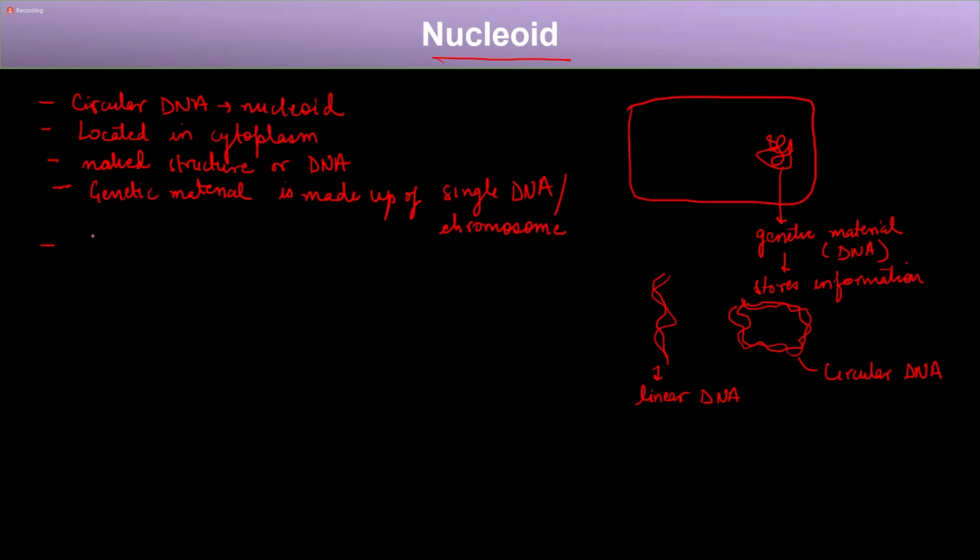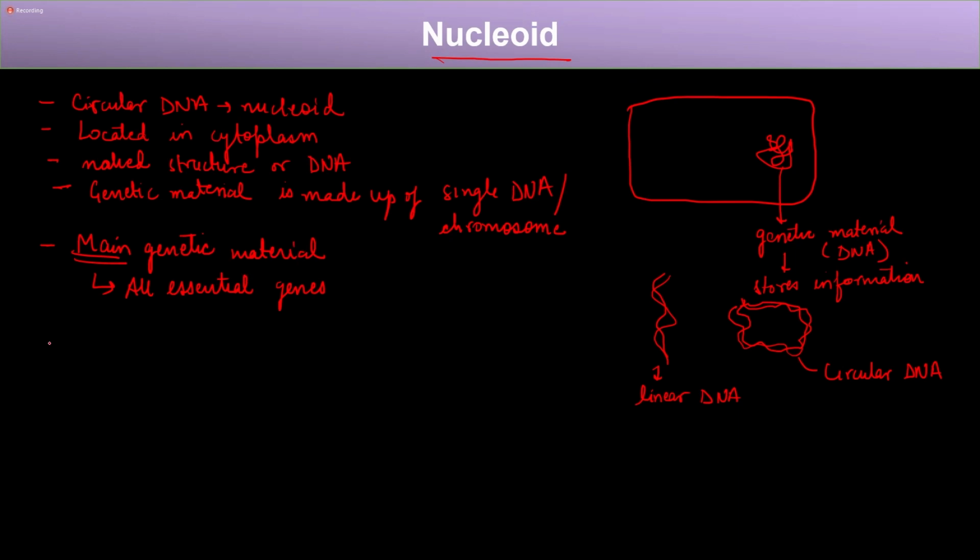Hence, it is also called the main genomic DNA or main genetic material. Why I'm saying main genetic material, you will understand in the next slide. But for now, remember that the nucleoid is called the main genetic material because it has all the essential genes present on it that govern what a cell has to do.